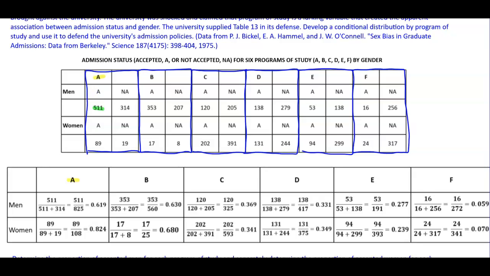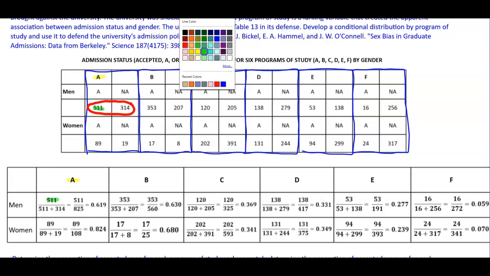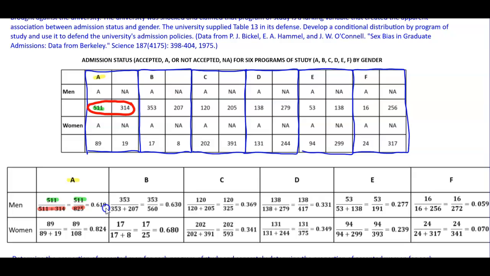And then how many total were there for men? Well, the total was 511 plus 314, which gives us 825. So if we take 511 divided by 825, that gives us 0.619.